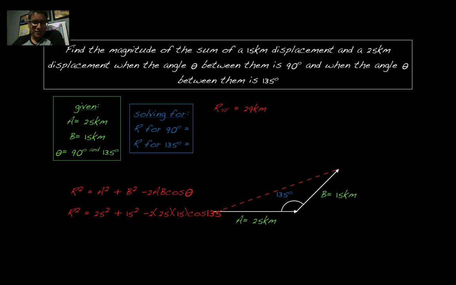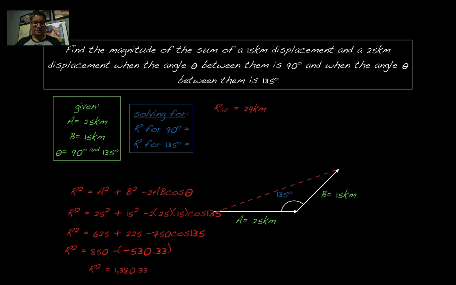So you might want to pause the video at this point just so you can see how I've replaced each variable with its value. And then I do my math, and I end up with this. I have 625 plus 225 minus 750 times cosine of 135. When I add 625 to 225, I get 850 minus a negative 530.33.